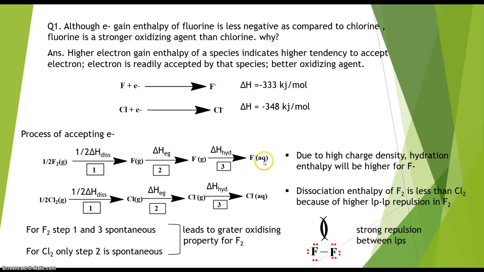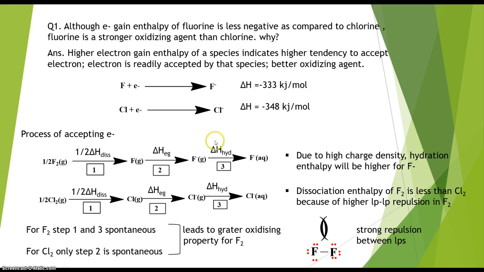We have already discussed that fluorine has the smallest atomic size among all the elements in the periodic table, so F minus will have the smallest size, right? And since F minus has the smallest size, we can expect the charge density in F minus is highest, correct?